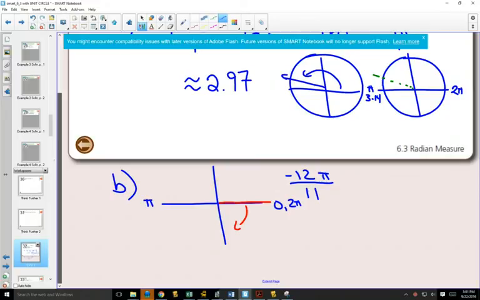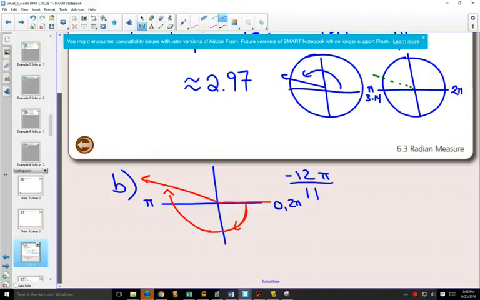Can you see that 12 over 11 as a fraction is a little bit more than 1? So if we have 12 over 11 pi, we need to go a little bit more than 1 pi. So as far as our angle is going to go, we're going to start here. We're going to go a little bit more than 1 pi. That's the starting estimate.